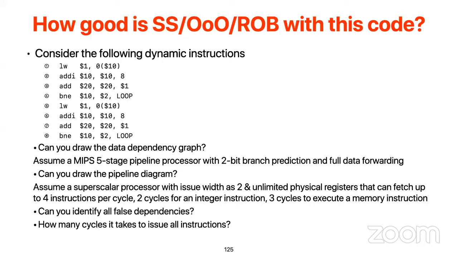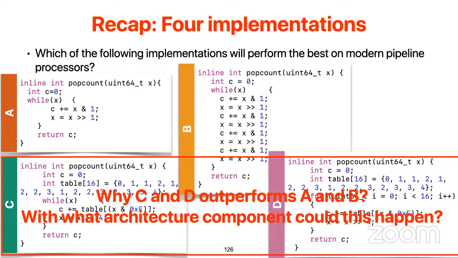Okay, now another type of question. We just mentioned, for this piece of code, CD outperforms A and B. With what architectural support could this happen? Or on the other hand, if you don't have that architectural support, will they still outperform A and B?